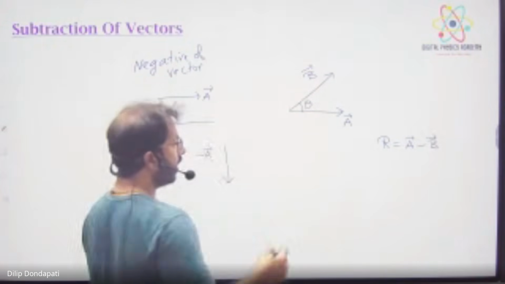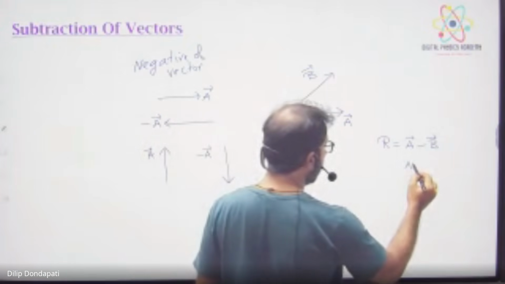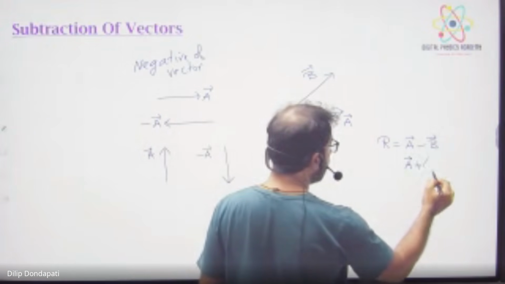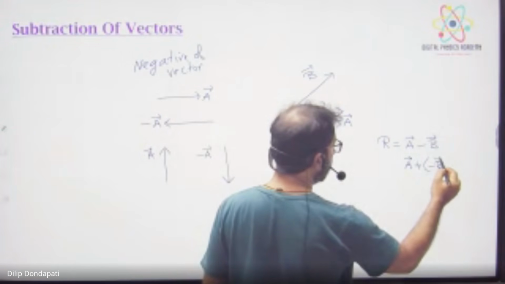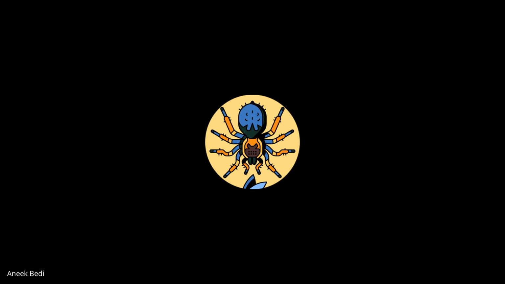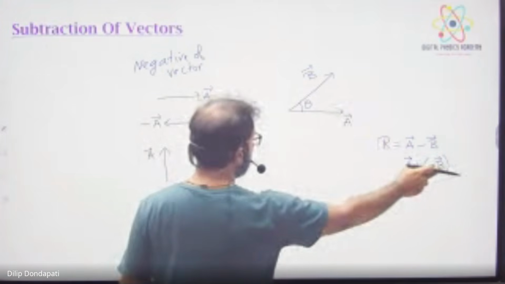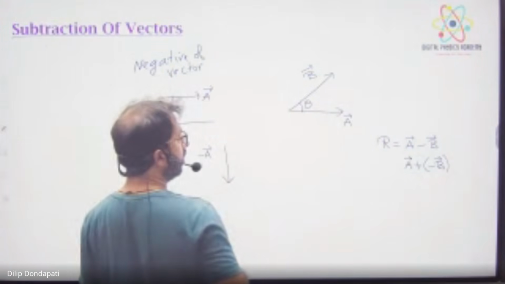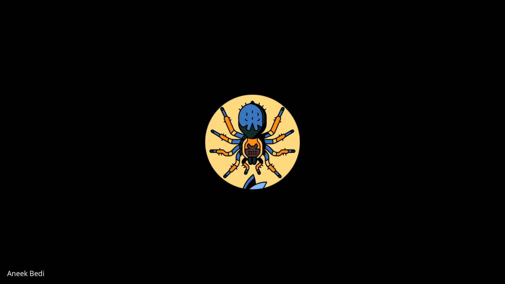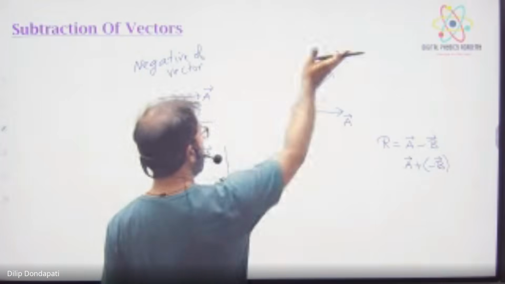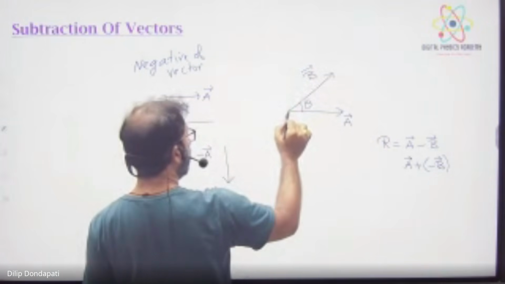So for that, a vector plus minus b vector I can write like this. See, a vector is in this direction. What does minus b vector mean in direction? Like down. The b vector is like this, and minus b vector will be like this.